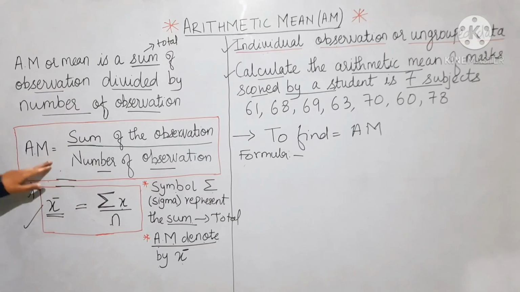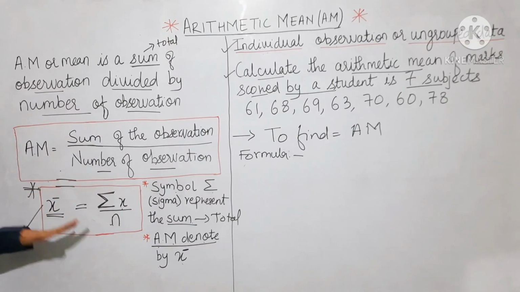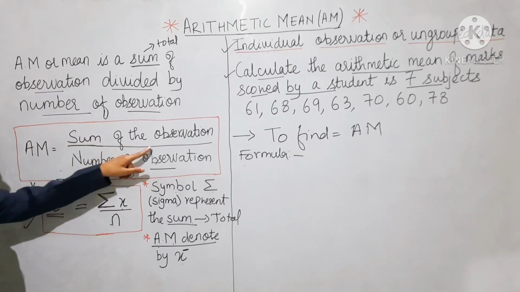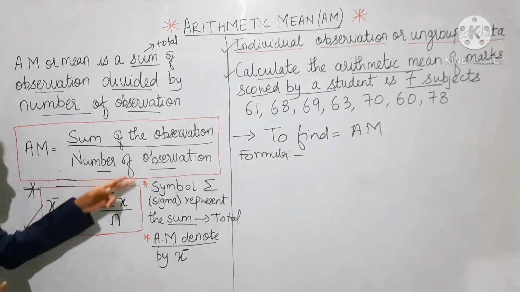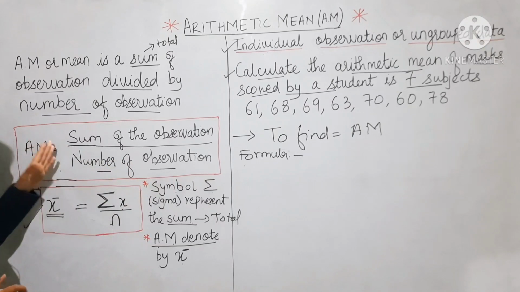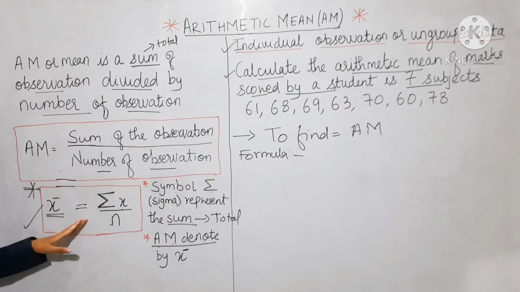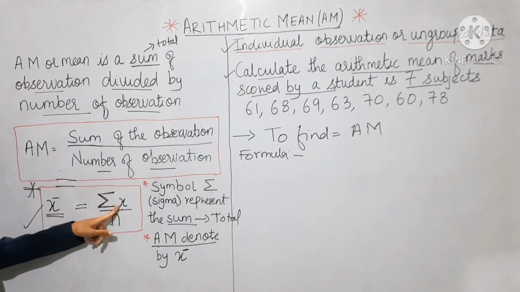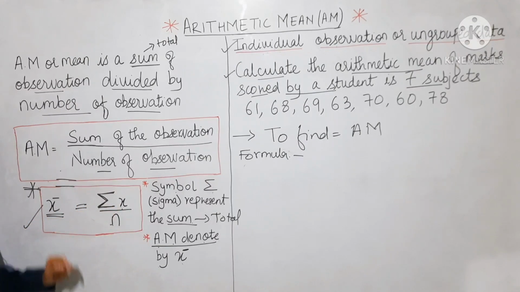Either you write this formula or that formula, the formula is the same. The only difference is that one is in words, sum of observation divided by number of observation, and this one is in symbols: x bar is equal to sigma x divided by n.